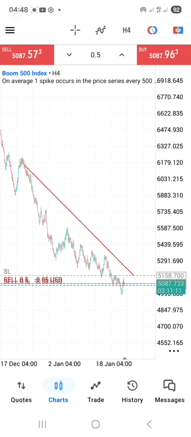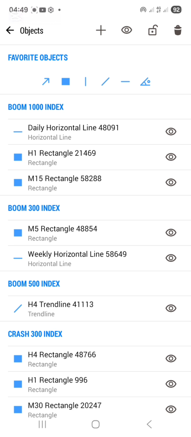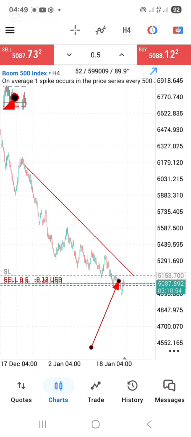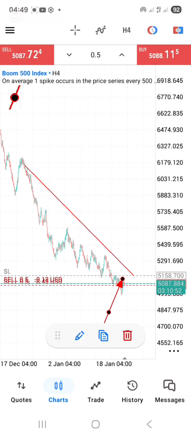When the market is on a downtrend, you are looking for lower highs and lower lows. This is exactly what this market is currently doing, and we are currently on a lower high at this level.